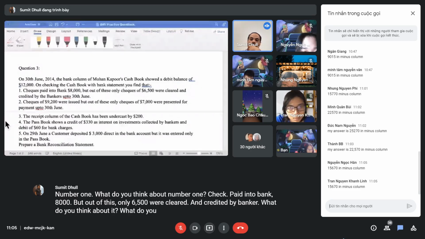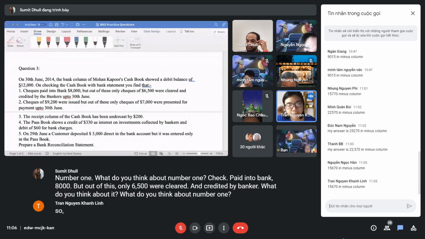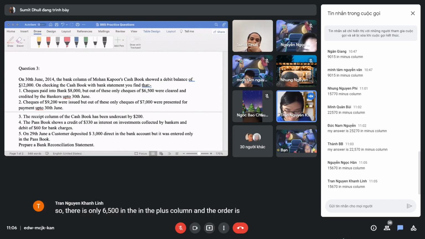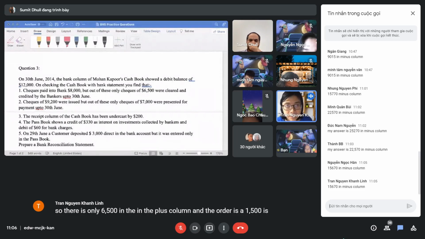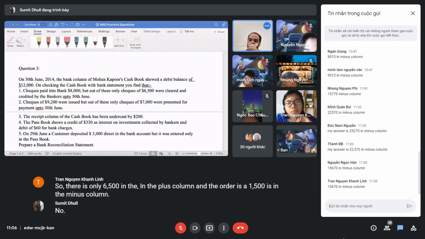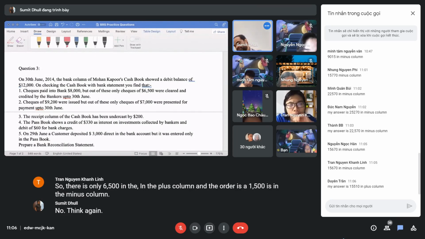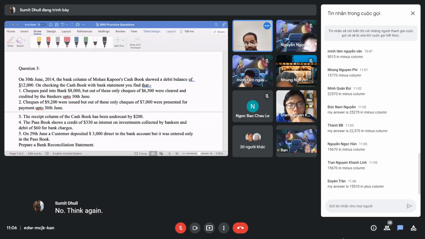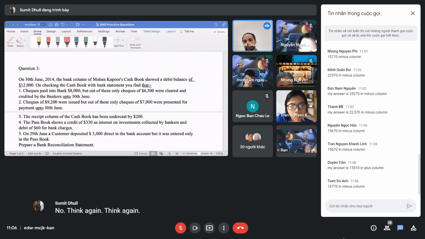So there is only 6,500 in the plus column, and the other 1,500 is in the minus column? No. Think again. Anybody else? Number one.